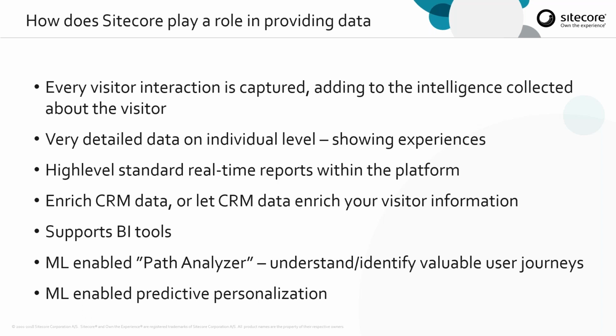So to make a little bit more sense of all the data we collect, we also some years ago introduced a tool we call the Path Analyzer, and it's actually using some simple machine learning to identify and visualize the different journeys that have happened throughout the content that Sycor is controlling, and highlight where this has given very positive effects in terms of more conversions and more generated value. Back to the slide I had with the pyramid or the triangle with the engagement value scale, and also identify the journeys where it's not so positive, the journeys where people drop off.